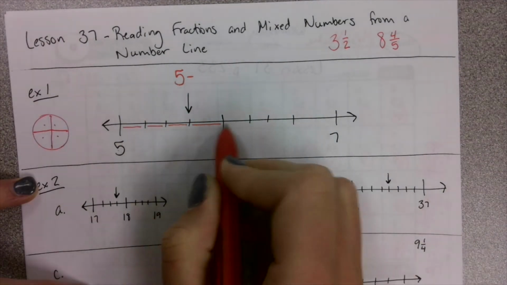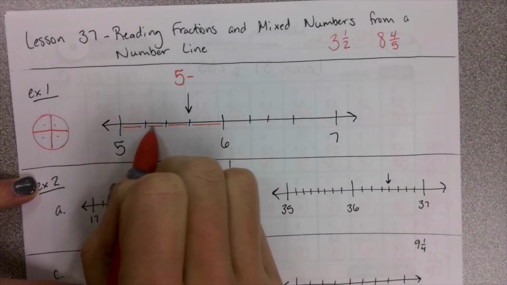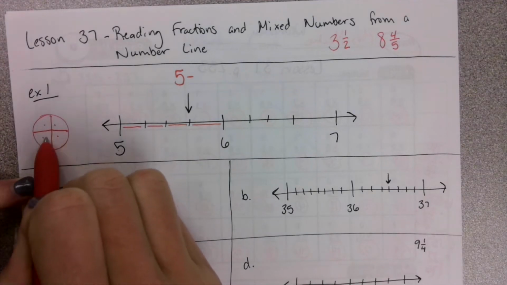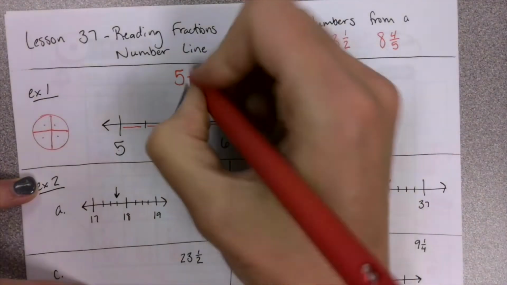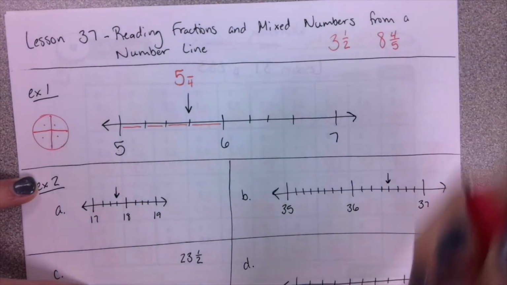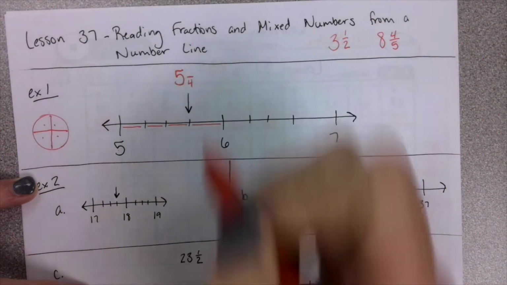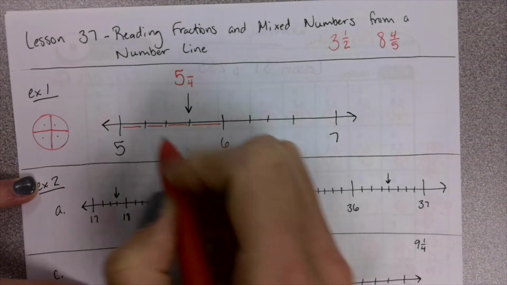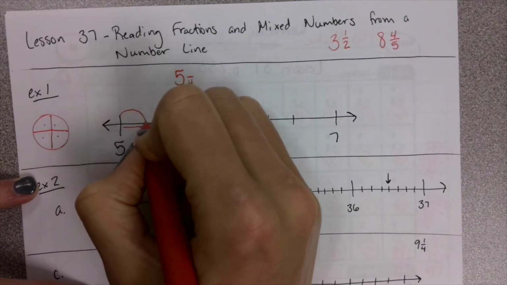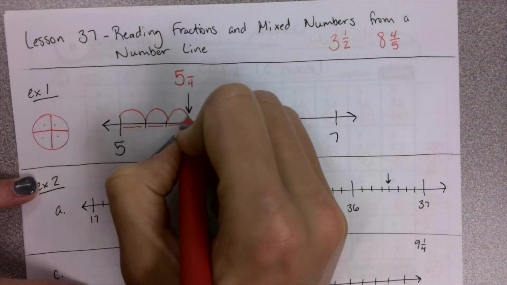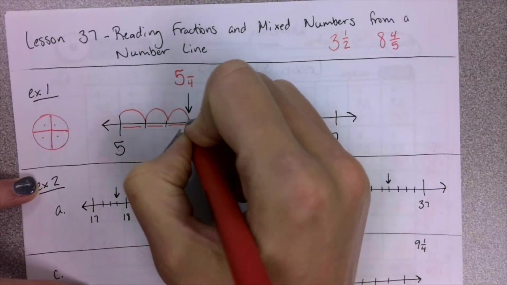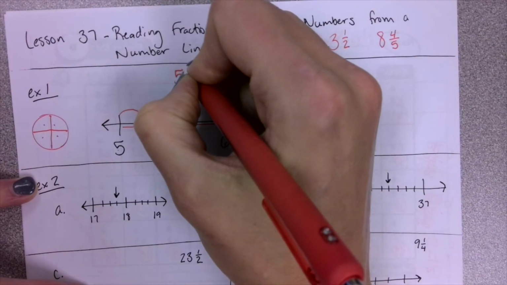See how there are 4 spaces there? It's kind of like our 4 pieces when we had a circle. So our bottom number is going to be 4. And then our top number is going to be, which tick mark are we looking at? First, second, third. Okay, so we're at the third tick mark, so that'd be 5 3/4.